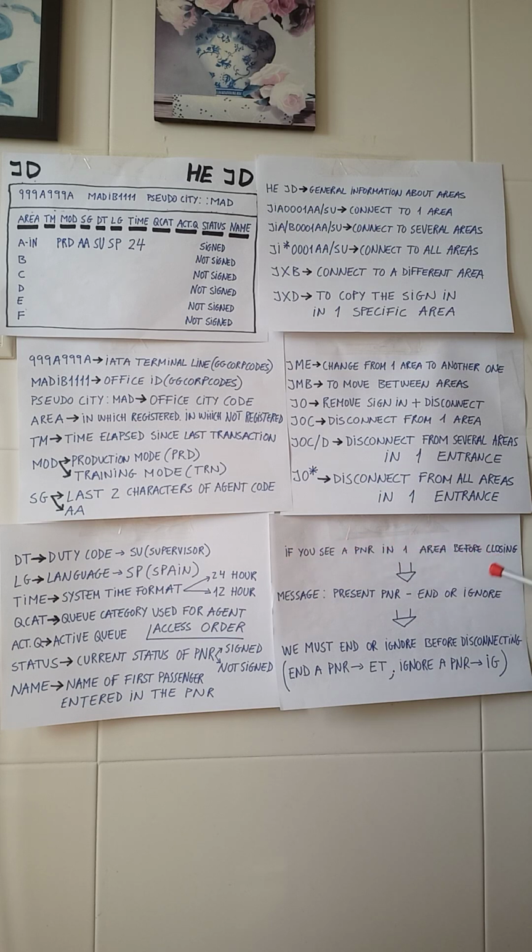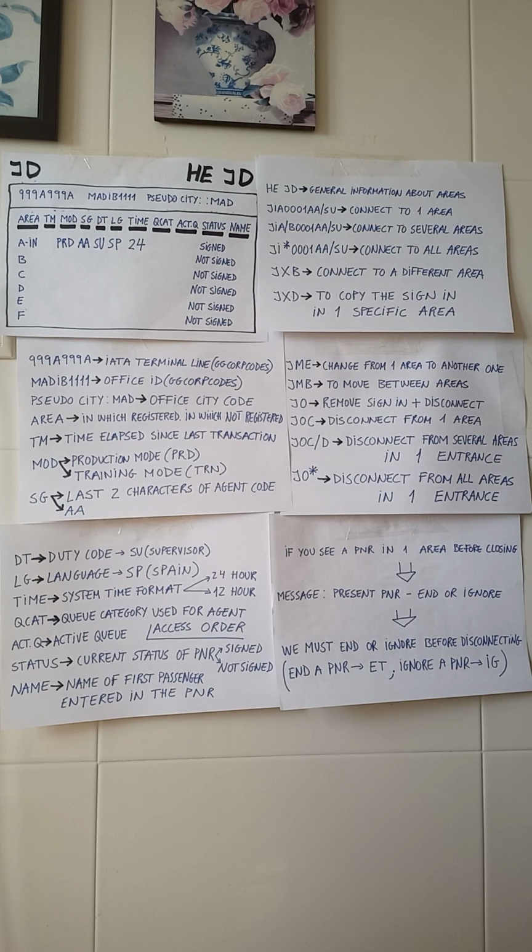This is the situation, this is the message. We must ignore the PNR by making IG or end the PNR by making ET. We must end or ignore before disconnecting.